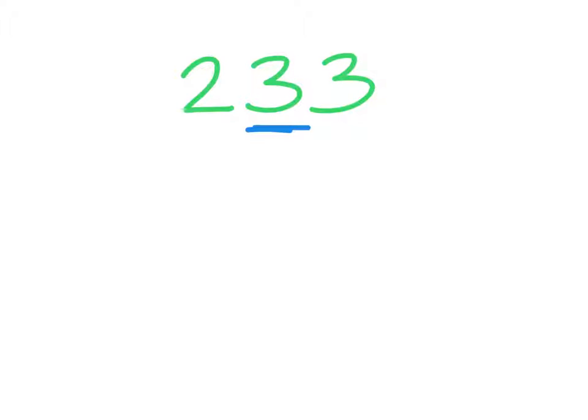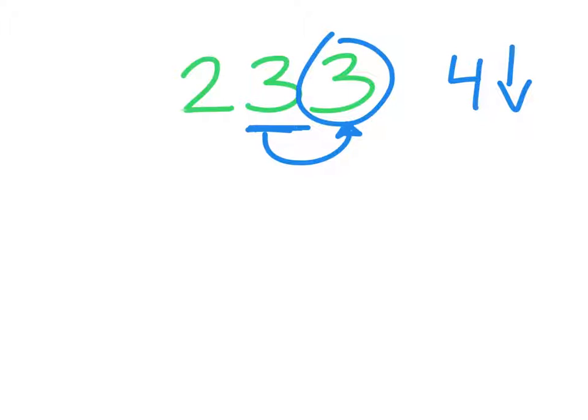Another example for nearest 10. If you have a number like 233, now I look to my tens place value, and it's a 3. And immediately to the right, I look and I have a 3. And if that number right here is a 4 or lower, a 4, 3, 2, 1, I round down.